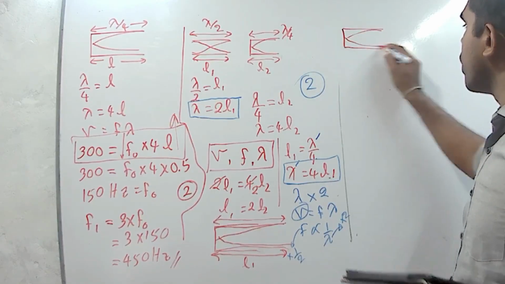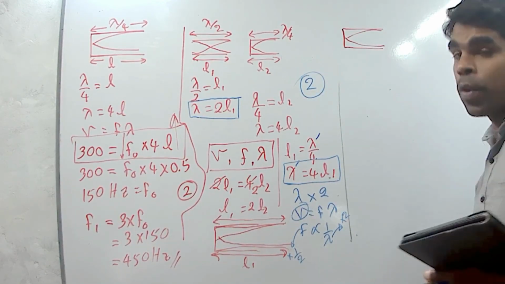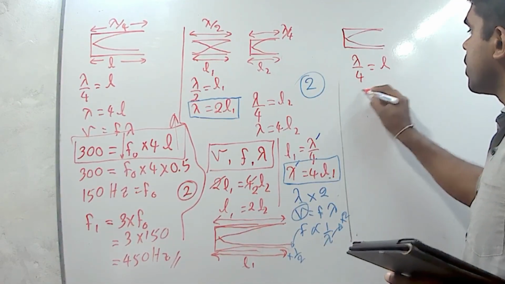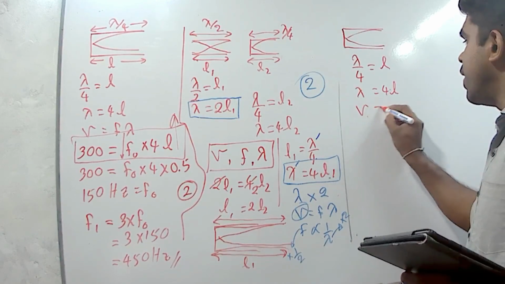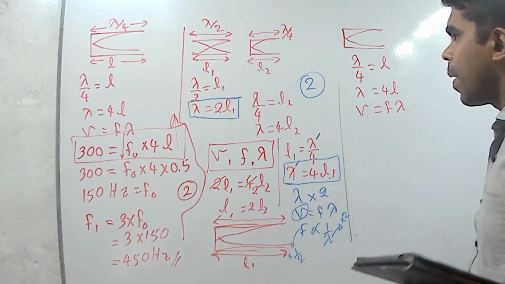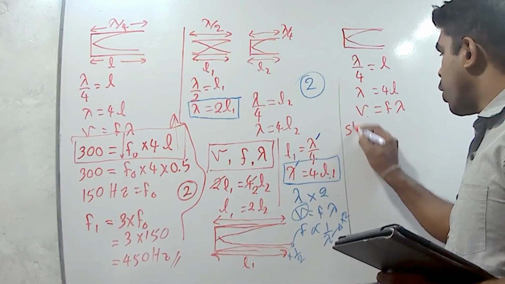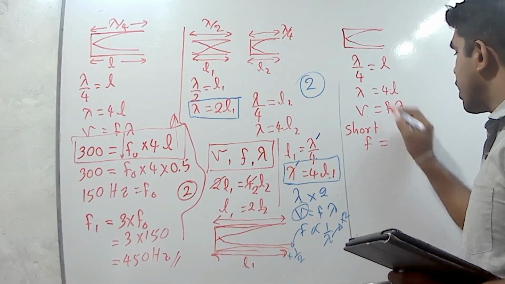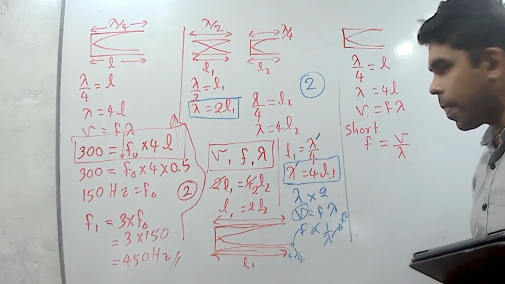When considering closed tube, for the fundamental of the closed tube, lambda over 4 equals L, lambda equals 4L. We can use V equals F lambda. For the short tube, frequency is equal to velocity divided by wavelength.